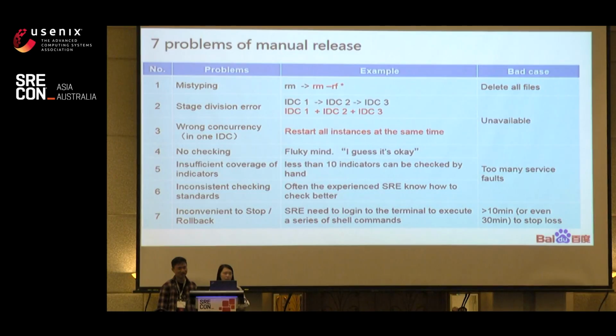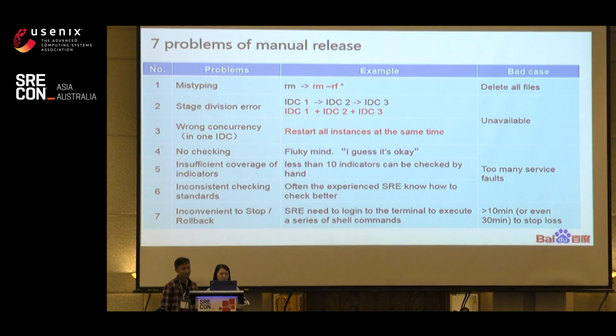And it always takes a lot of time to find out the indicators on the monitor and figure out what's going wrong. 6, inconsistent checking standards. Often, the experienced SREs know what to check and how to check. So the new SREs always make mistakes.